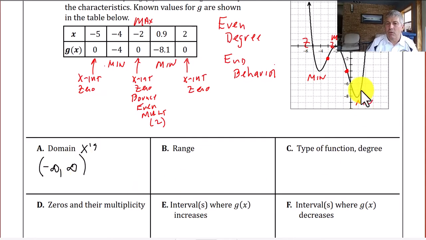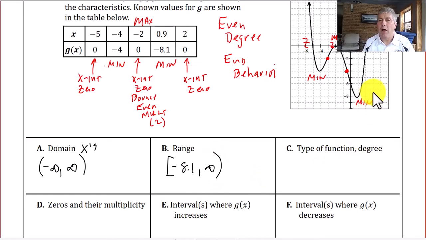Our range, we notice we had an absolute minimum here, so our minimum y value is -8.1, and our maximum y value is infinity. So I'll write this correctly. -8.1 to infinity is our range.